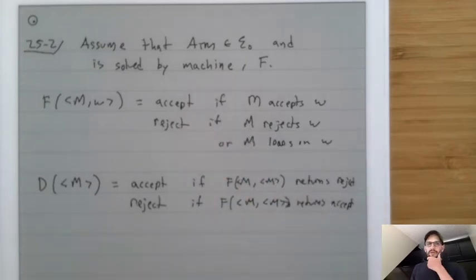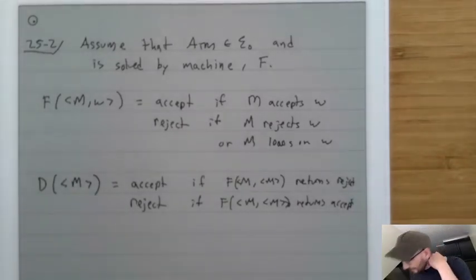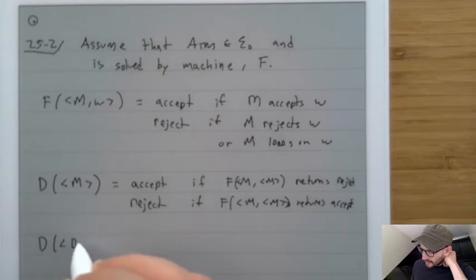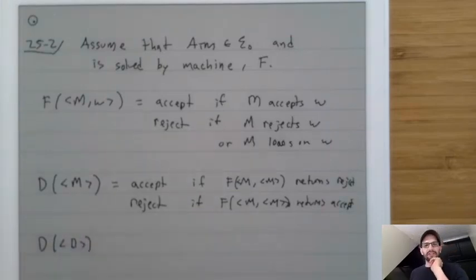Now what we're going to do is ask the question, what happens when you run D on D? When you run D on a description of itself, what do you get?